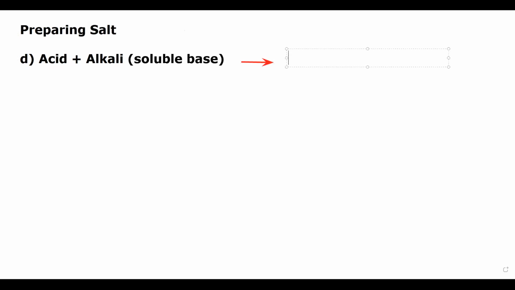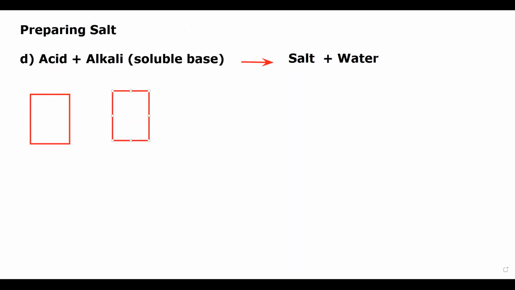The last one is when acid is reacting with an alkali or base, we can also say soluble base. So when acid is reacting with a soluble base, it will give salt plus water. But the problem here is acid is colorless, alkali is also colorless. So we cannot just directly mix them.